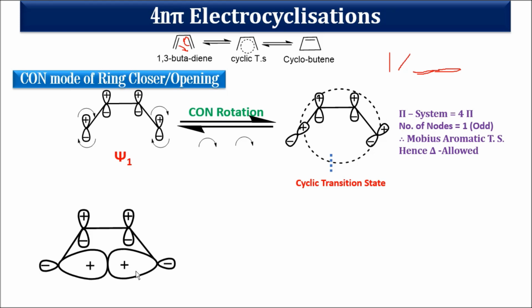Here, this orbital is rotating in the clockwise direction. This orbital is also rotated clockwise because we are discussing the conrotatory mode of rotation. You see at both terminals we are rotating clockwise.